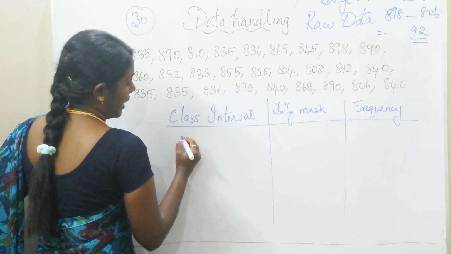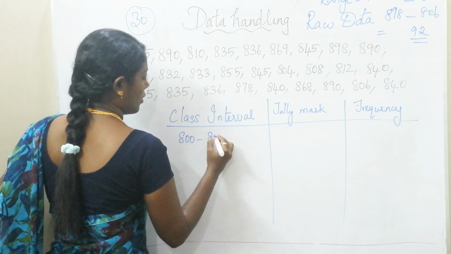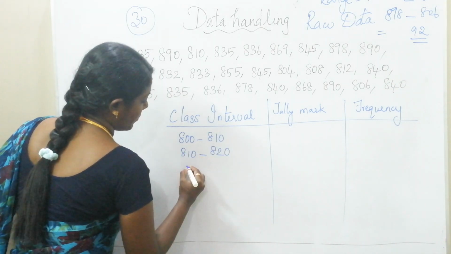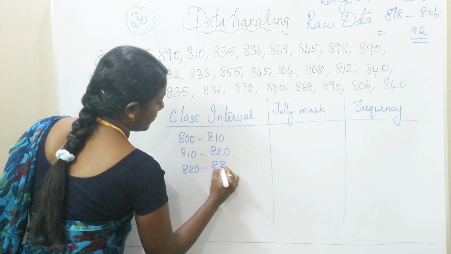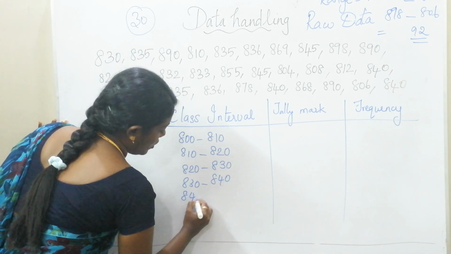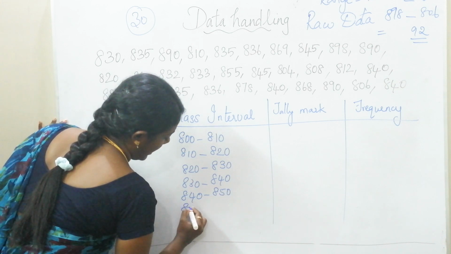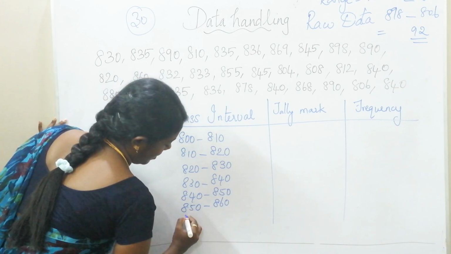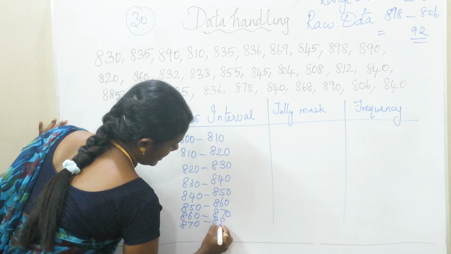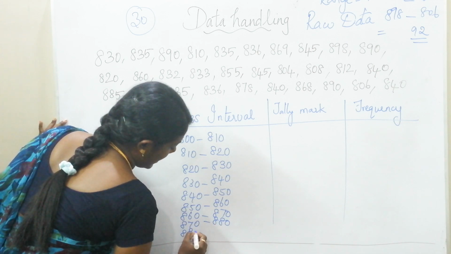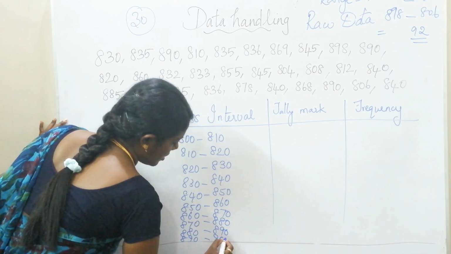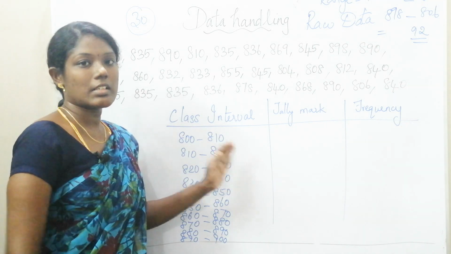I am just going to start with 800 to 810, 810 to 820, 820 to 830, 830 to 840, 840 to 850, 850 to 860, 860 to 870, 870 to 880, 880 to 890, and 890 to 900. So this is how I'm giving my class intervals in class interval of 10.